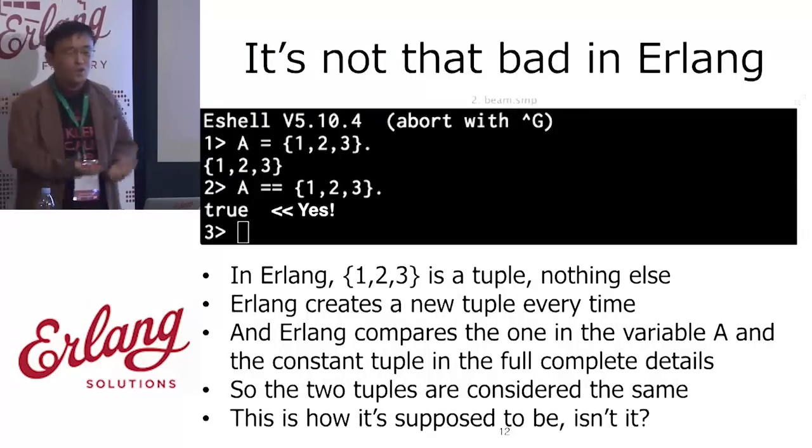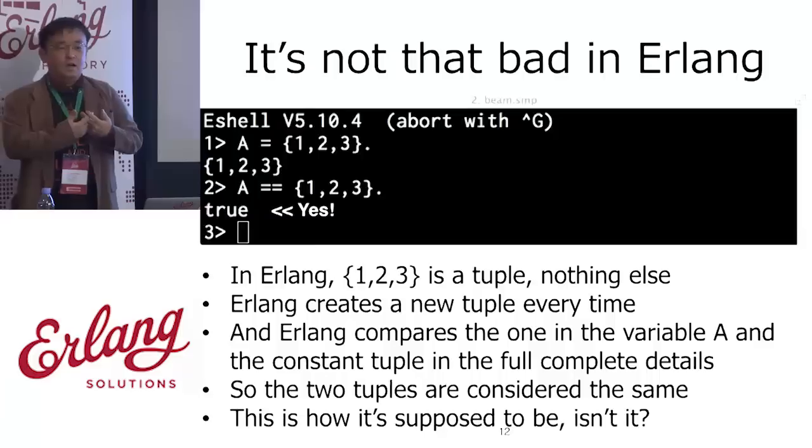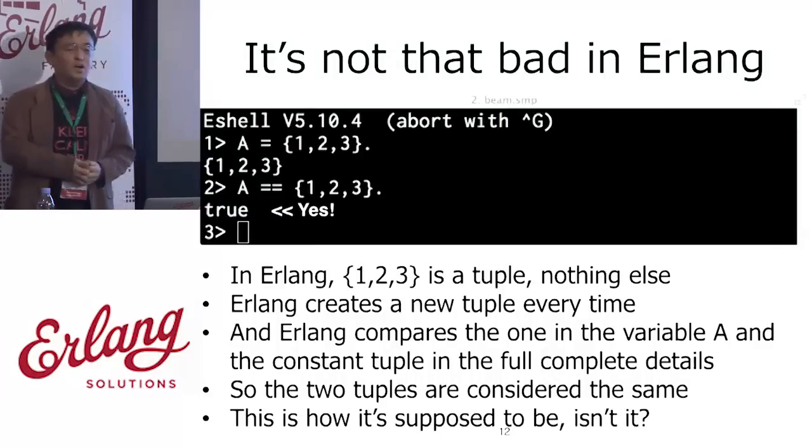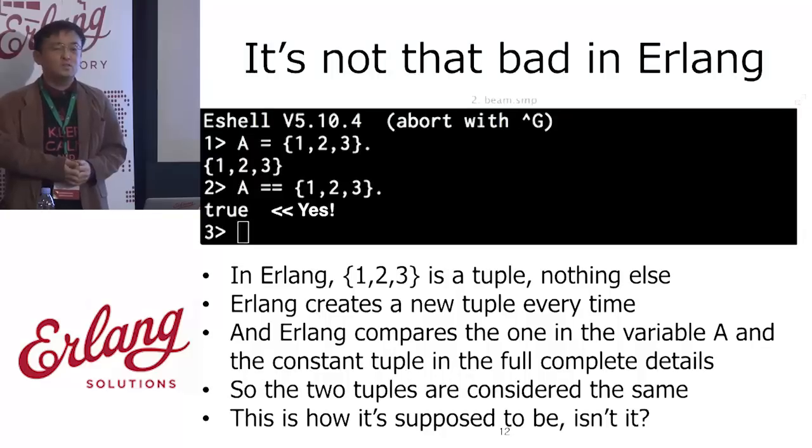Because in a very hard-to-read manual, as Dave Thomas said in his keynote speech, there is a clear definition that on Erlang, if you compare two tuples, all members and all structures are thoroughly compared. It is well written over there.